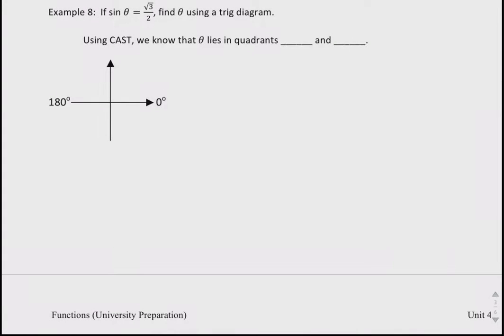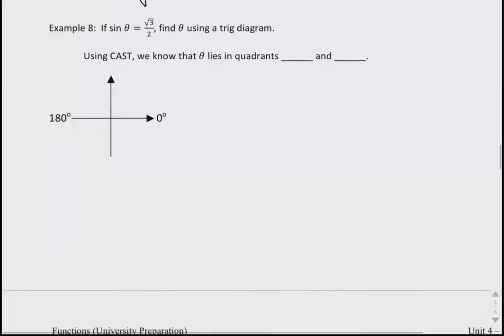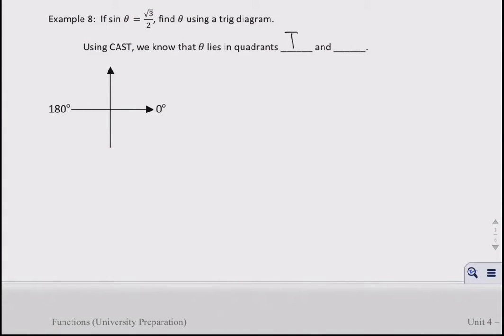Finally, in our last example, we're looking to find some values of theta such that sine theta equals root 3 over 2. I know sine is positive in quadrant number 1 here as well as quadrant 2. So root 3 over 2 should remind you of our 30, 60, 90 triangle, which I'll draw here.